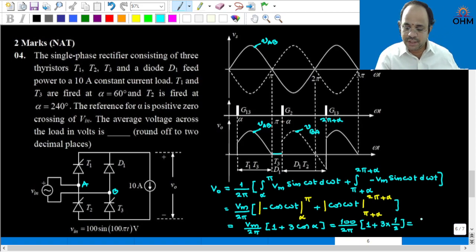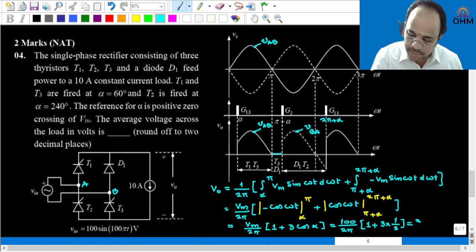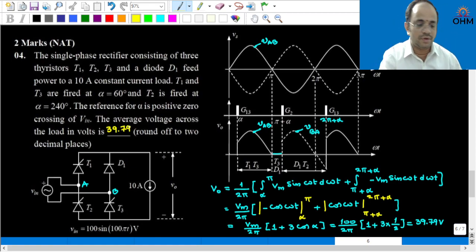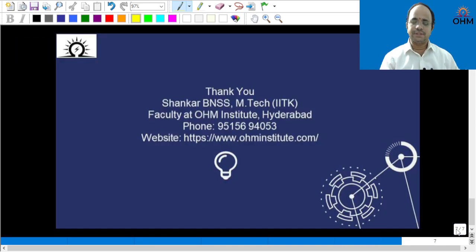If you calculate this value, it is equal to 39.79 volt. So for this question, the answer is 39.79 volt. These are all the questions given in GATE 2023 from the Power Electronics specialization.